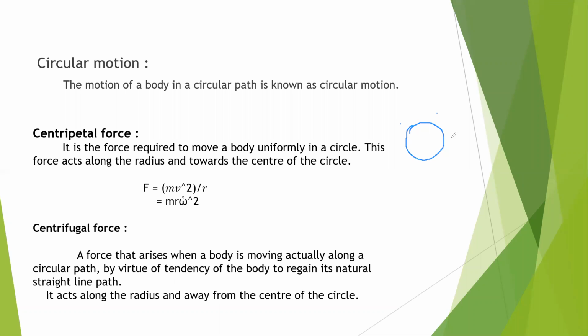Means here, suppose you are standing at the center, or you tied a stone to a thread and you are reeling it over a circular path. Just assume that the thread cuts here. Whatever the ball or the stone is there, if it is moving, it will cut and it will move along the tangent.